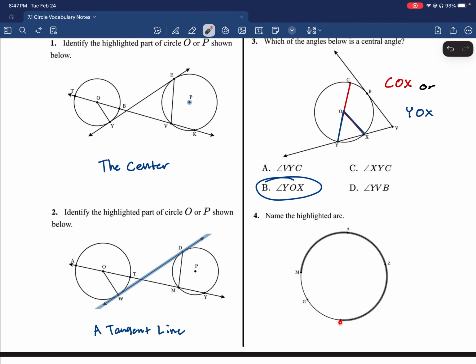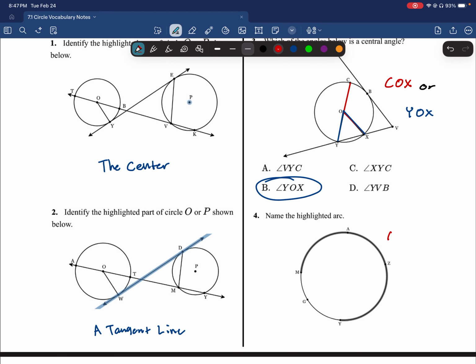Now that being said, I could start at M and end at Y, or I could go the other way, meaning I start at Y and go to M. So one possible name for this arc would be MAY. That is one name.